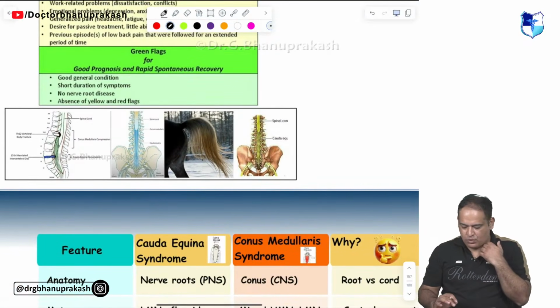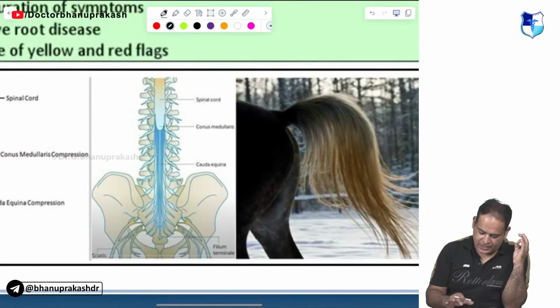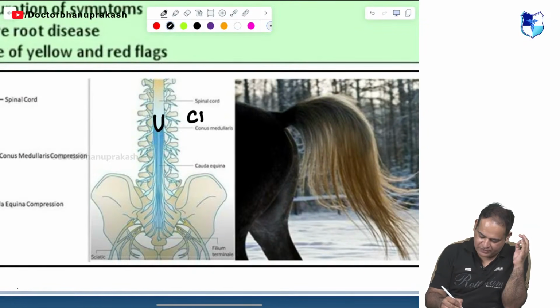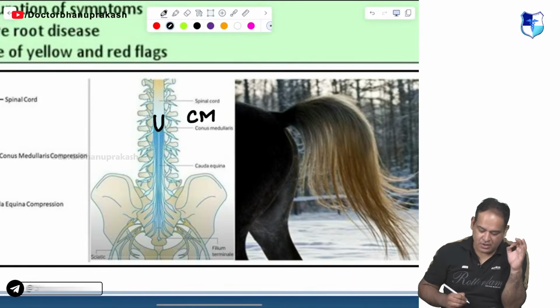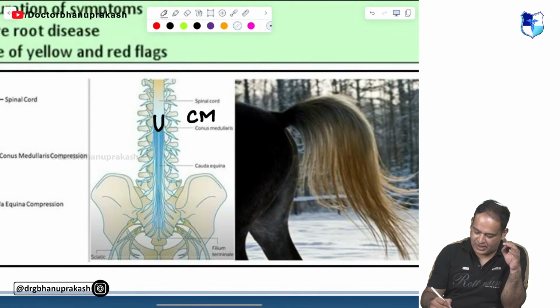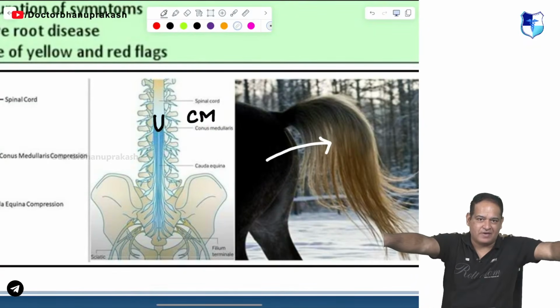Now, cauda equina and conus medullaris. You see here, the spinal cord ends at this point. Now, this is called conus medullaris. After that, what is left? Few nerves are left, spreading like a fan.